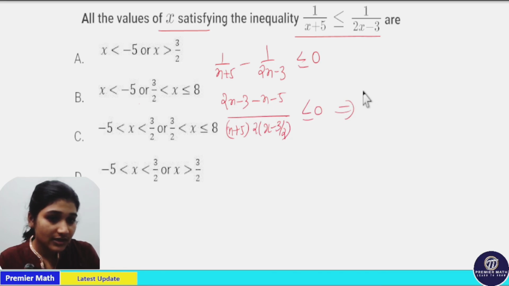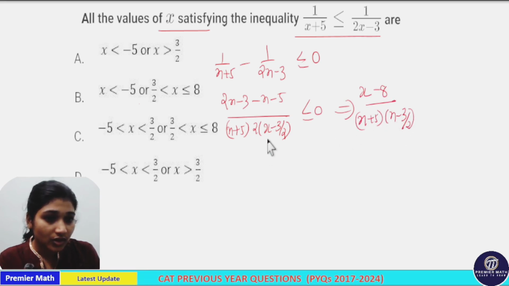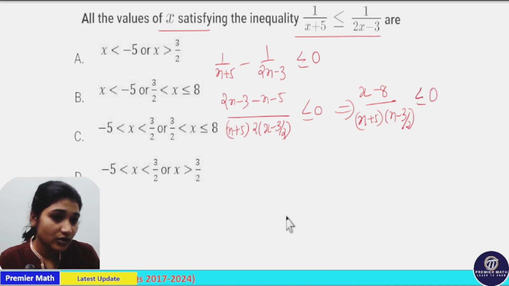Now 2x minus x is equal to x. Here this is minus 8 divided by x plus 5 into x minus 3 by 2. Here transfer this 2 to the RHS, then this will become less than or equal to 0.